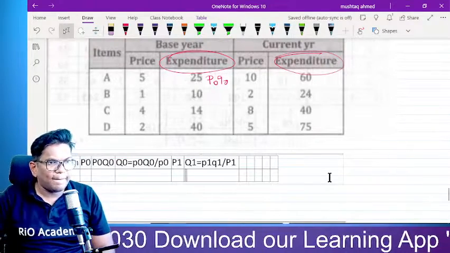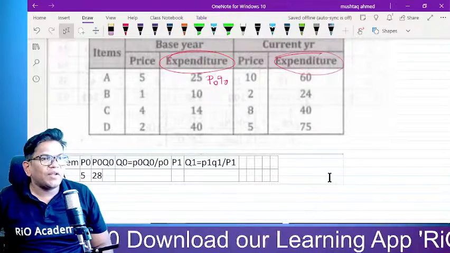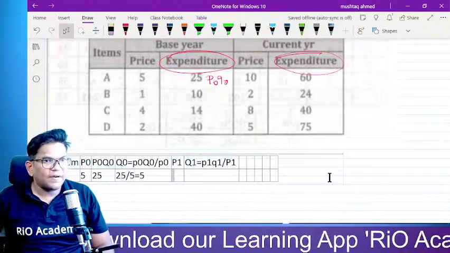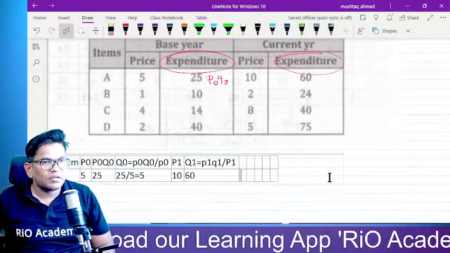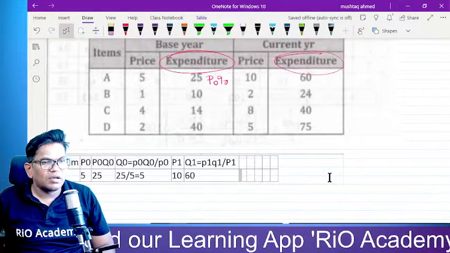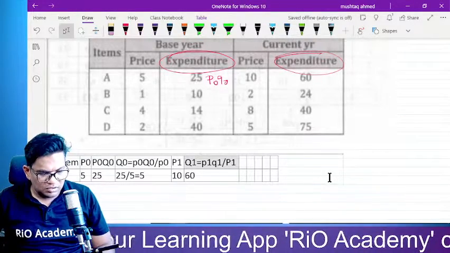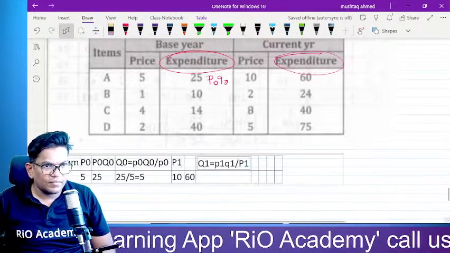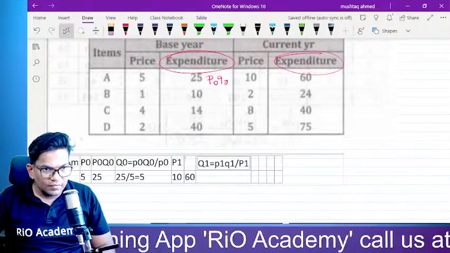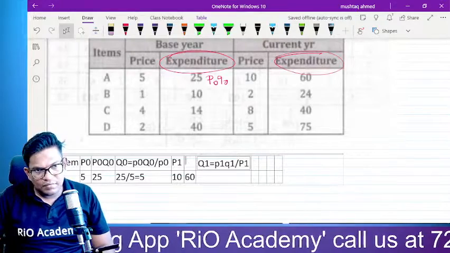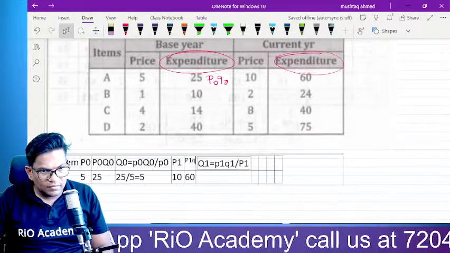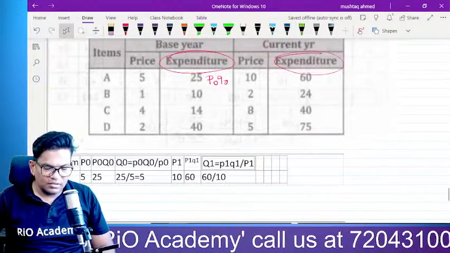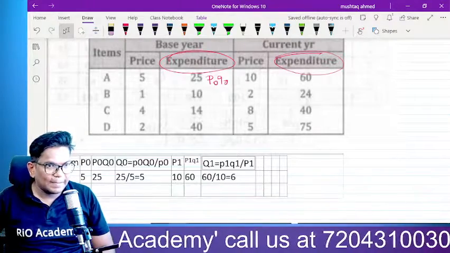5 they are given, 25 they are given, correct, 25. So Q naught is 25 divided by 5, which is 5. 10 they are given, 60 they are given. Sixty divided by 10 is 6. Right?